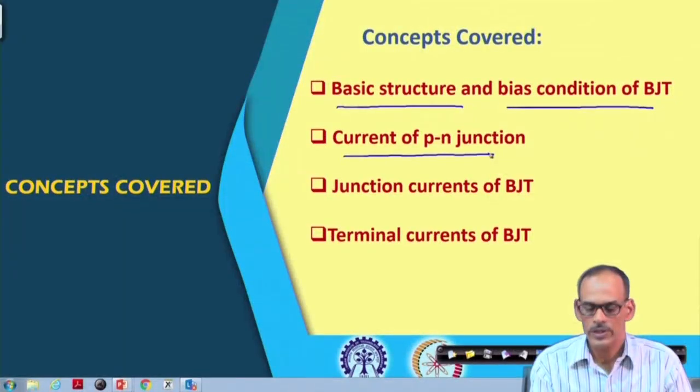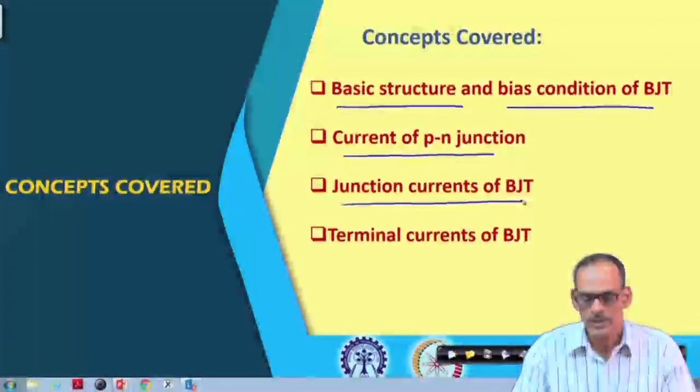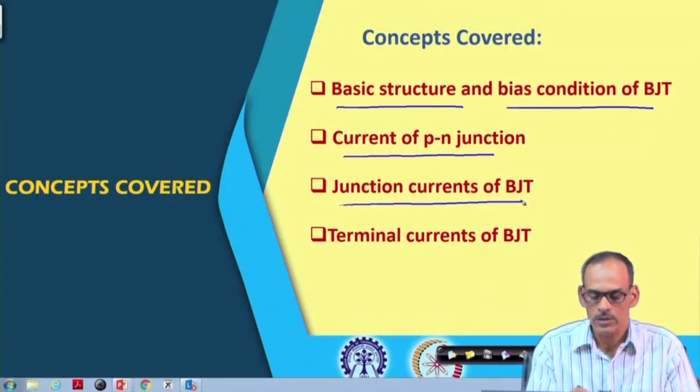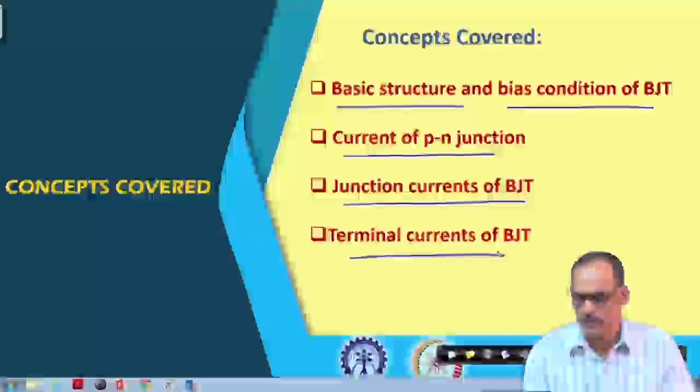Particularly if the two junctions of a BJT are in near vicinity, what interactions happen between the two junction currents, and if one junction is forward biased and the other is reverse biased, what may be the corresponding terminal current. So this is the overall plan: the basic structure and bias condition of BJT, then the current equation, particularly the terminal current equation of BJT.